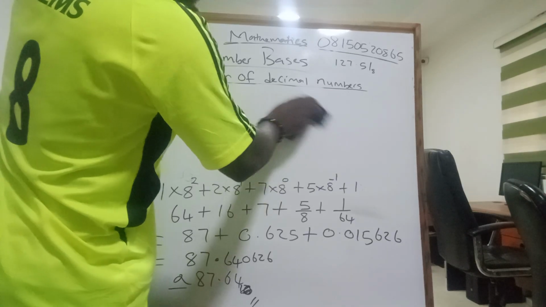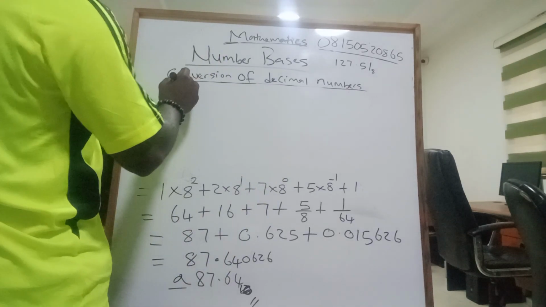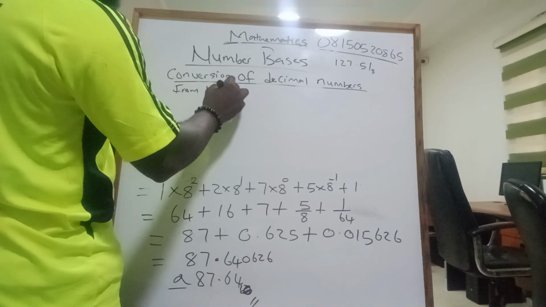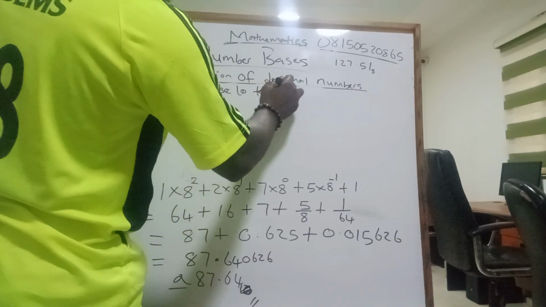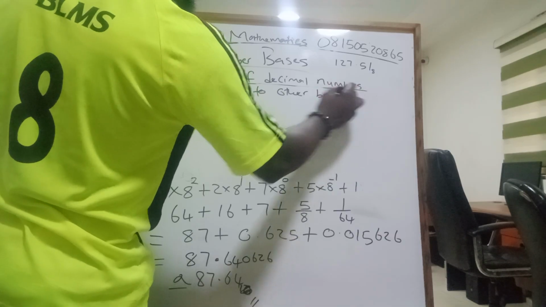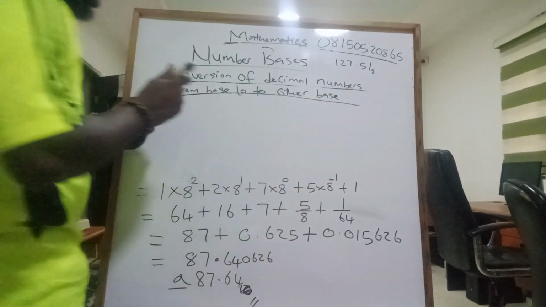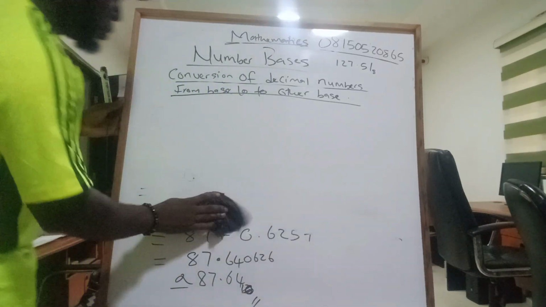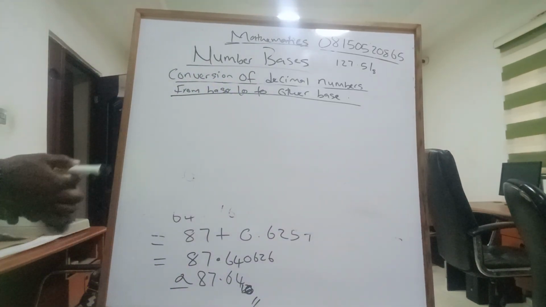So, conversion of decimal numbers from base 10 to other bases. Let's see how to go about it. Let me write the example. So this will now be this number that we got.